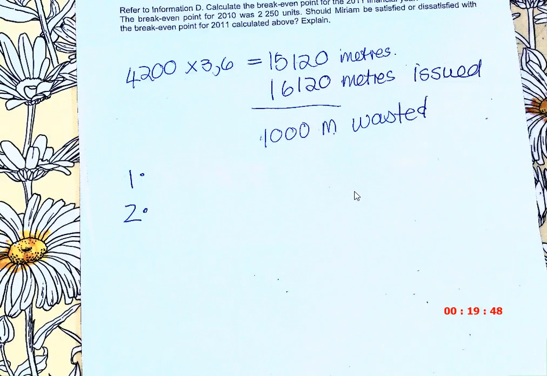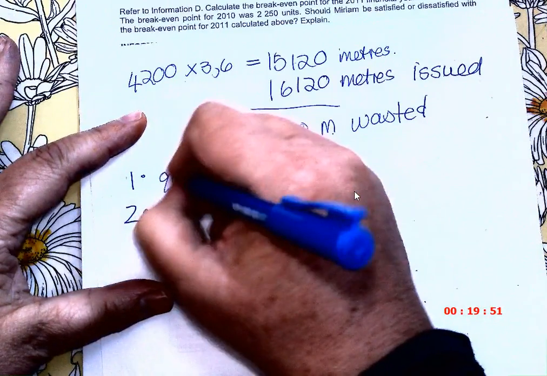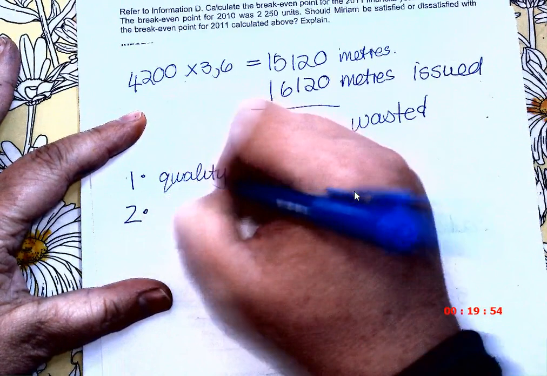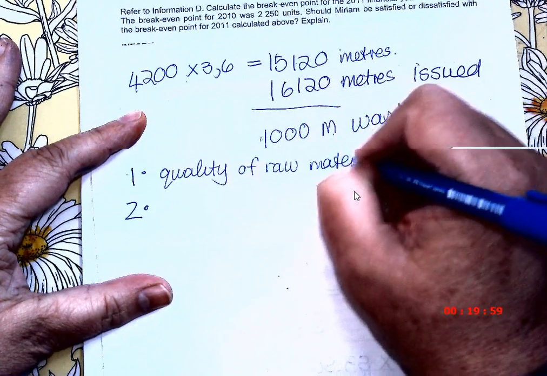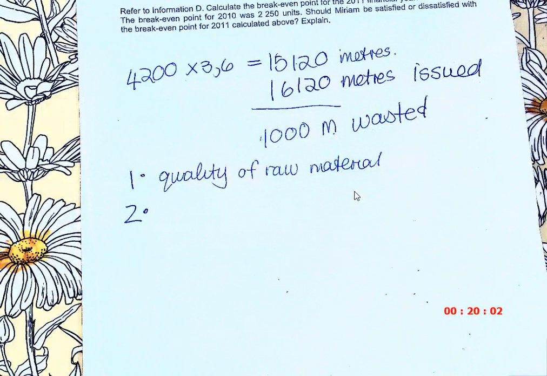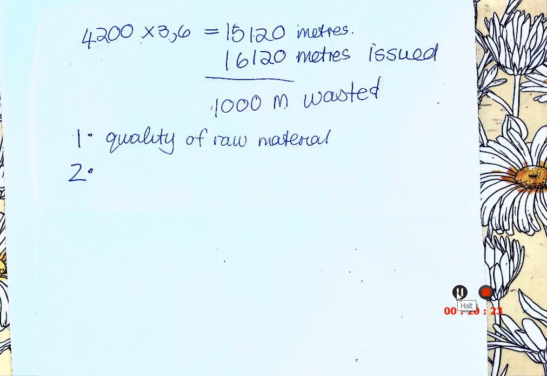Okay, the quality of goods. The quality of raw material. So what she means with that, if you're making stuff from material and it's bad quality, it means that if you open up the roll of material, there might be some parts that haven't been woven properly. If I talk about the quality, it means like if I open it up, there might be misprints.